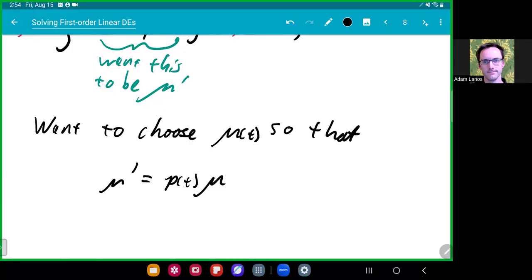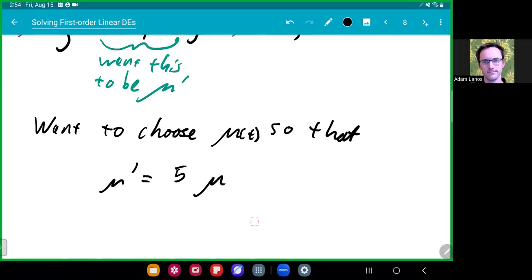If you think about it, it's not all that bad to find something like this. For instance, if p was just a 1, then we would want to choose mu such that mu prime equals mu. In that case, we could just choose mu to be e to the t. If we had a 5 here, we could choose mu equals e to the 5t.